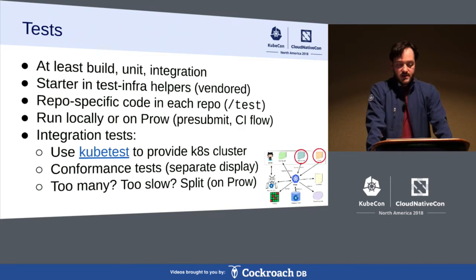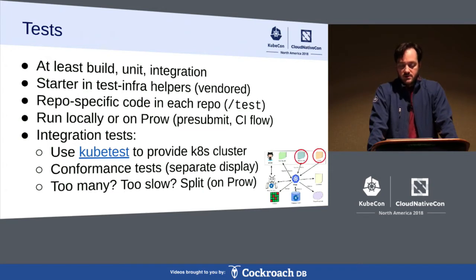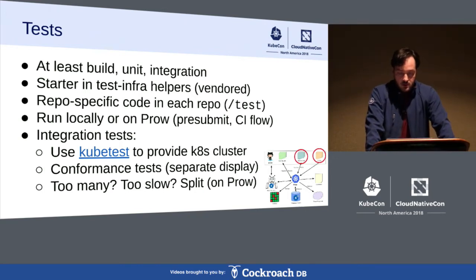And what about our tests? We have at least 3 types of tests: build tests, unit tests, and integration tests. No big deal here. We have the starters or the runners as helpers in test infra, so they are vendored and basically invisible to the other repos.